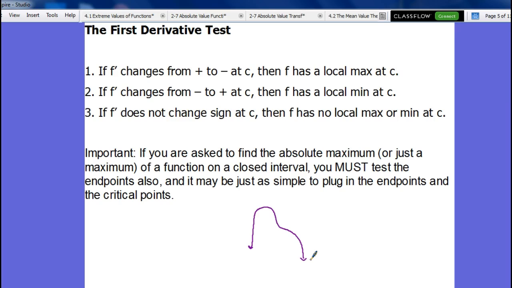Think extrema EBT. Endpoints extrema EBT. Because extreme values are extrema, and you're checking the endpoints. So again, this statement right here is coming from EBT.